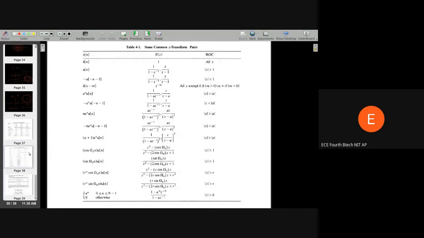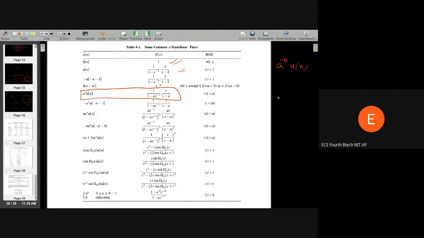And these are some standard functions whose Z transform you should be aware of. This one basically, what is a to the power n un. Depending on the value of a, it is an increasing or decreasing signal.